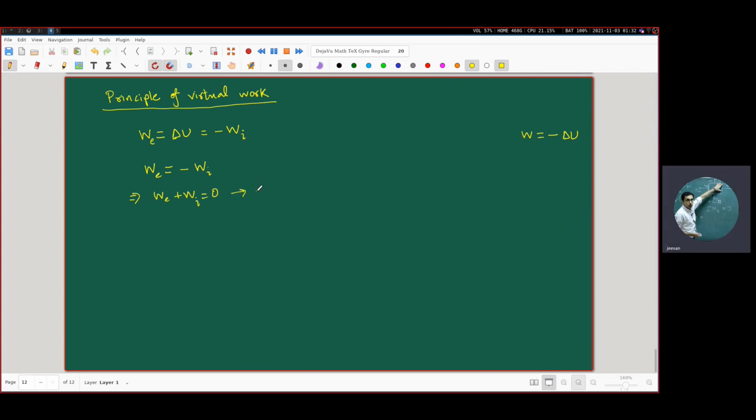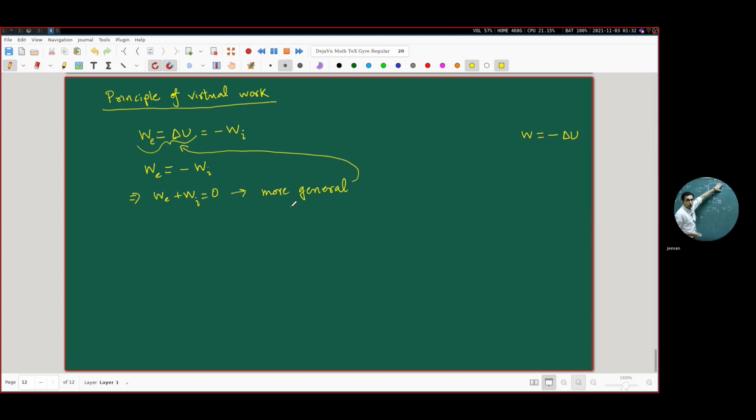So this equation is more general than this one, and it is applicable even to non-elastic mechanical systems.